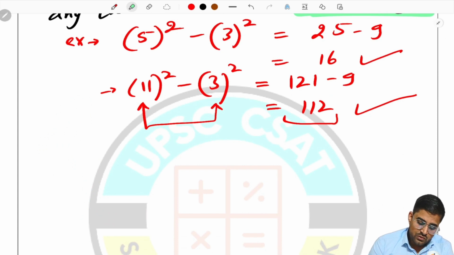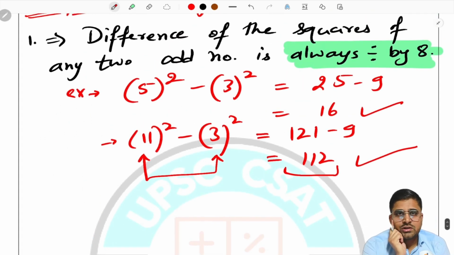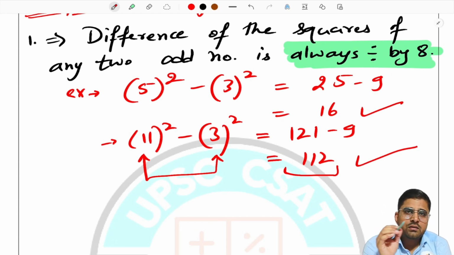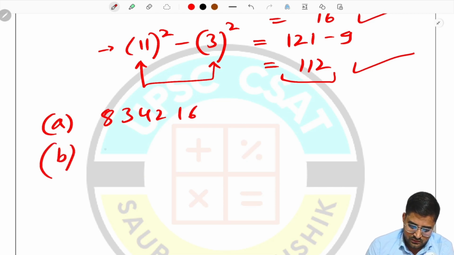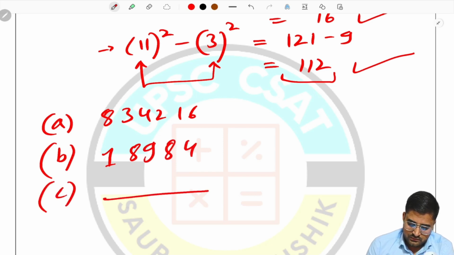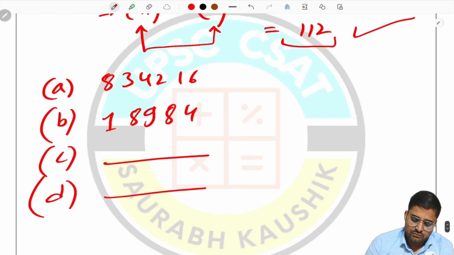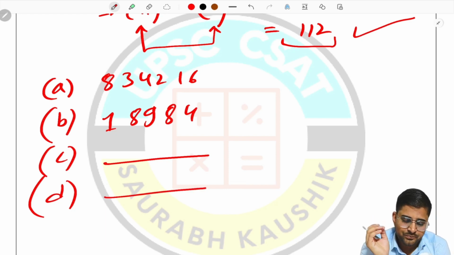This will help you when some question comes in the examination and the options are set by the examiner such that it requires a heavy calculation. For example, there is some random big number like 8834216189843, where a big calculation would happen.